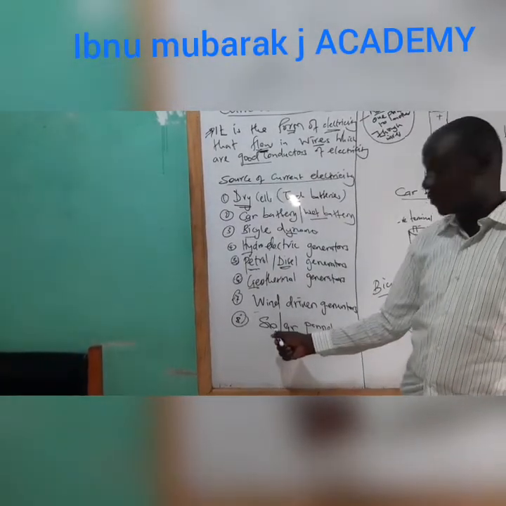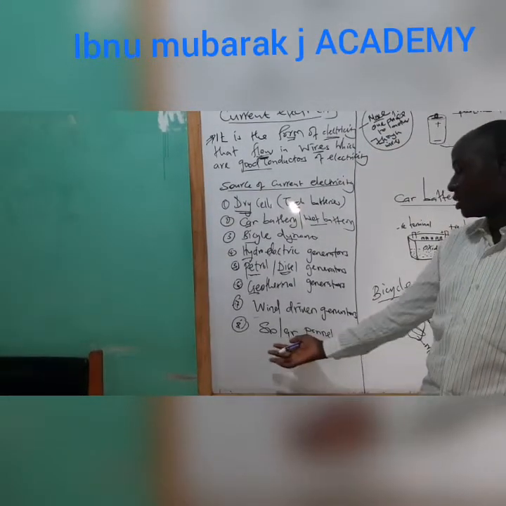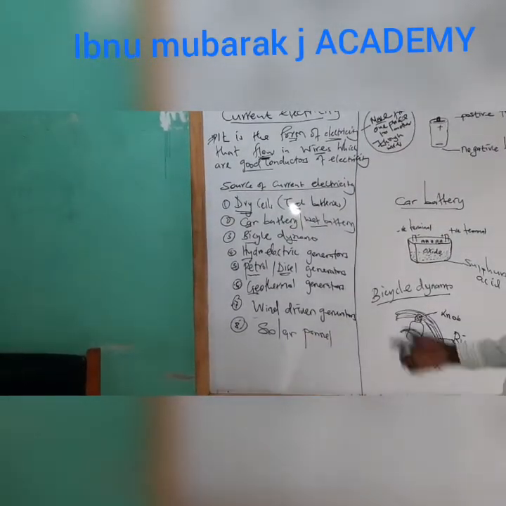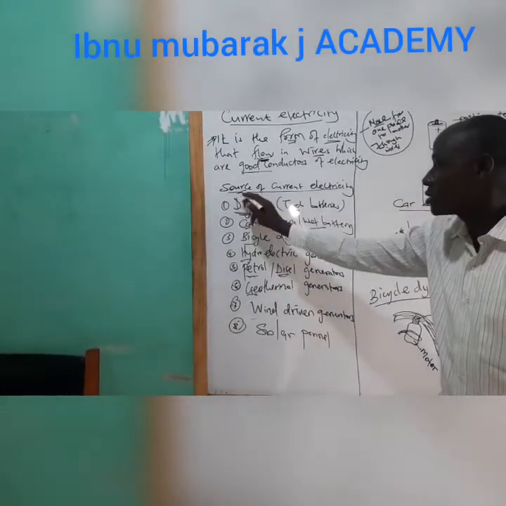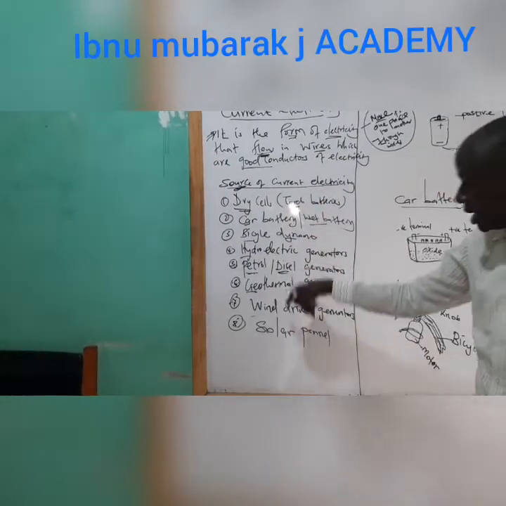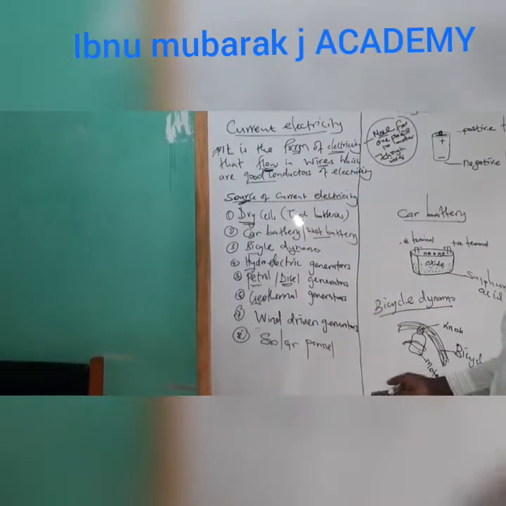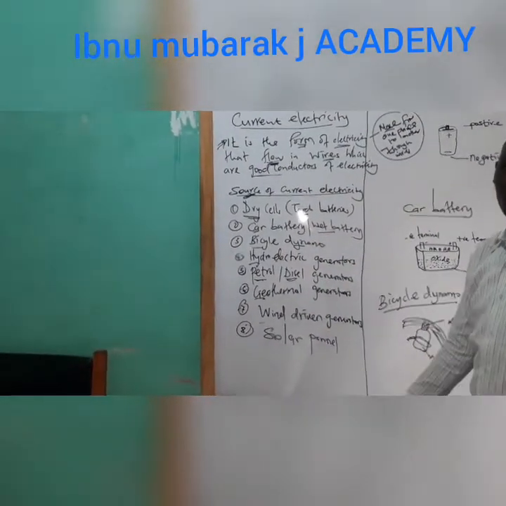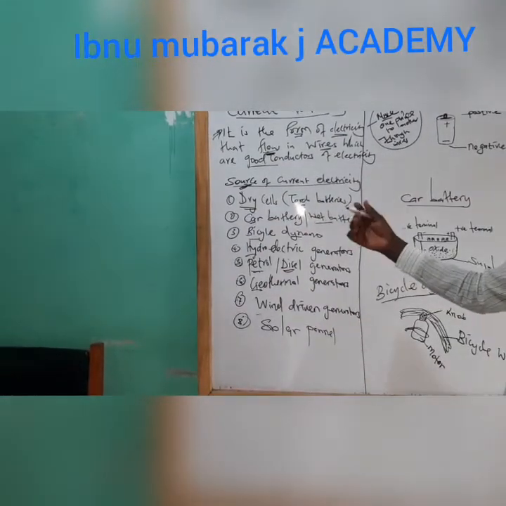They convert the sunlight into electricity. We are going to see them as we explain one by one. So all of these are sources from which we can get current electricity. Eight of them. So let's go deep and talk of each and every one.